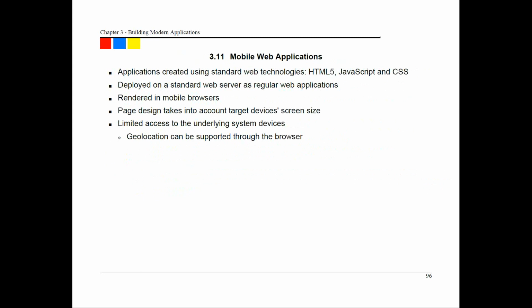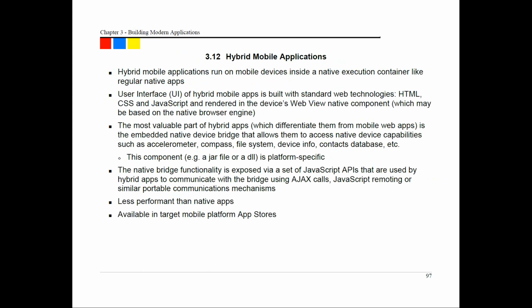There's a geolocation API built into HTML5 that lets us figure out where we are using the GPS. But we're not going to have intimate access. It's very difficult to implement a sound playing application in pure JavaScript and HTML5.